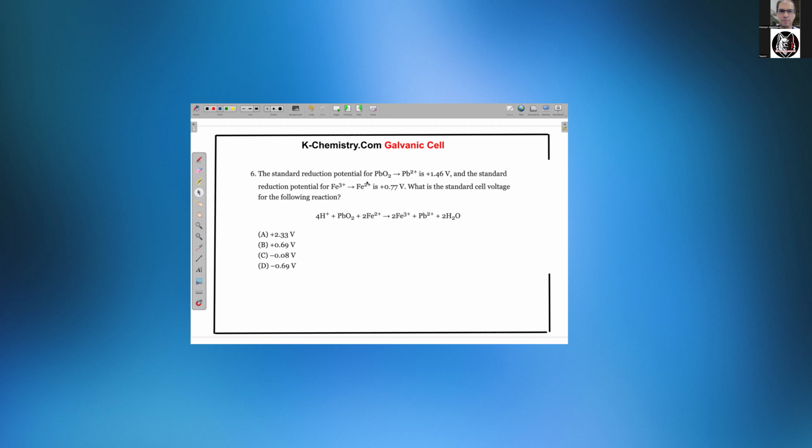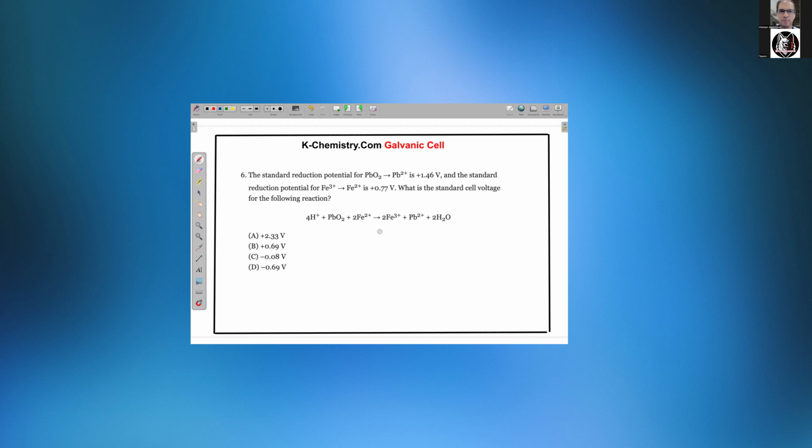The lead oxide is changed into... Okay. It's B. So plus 1.46 minus 0.77. So it is 0.69 positive.